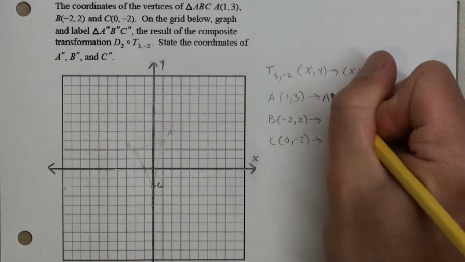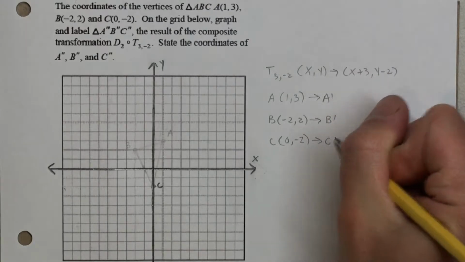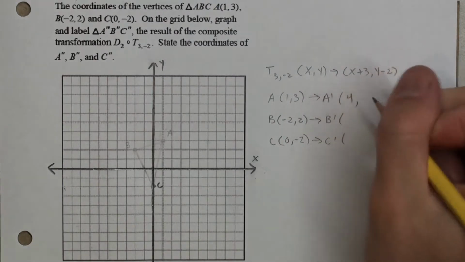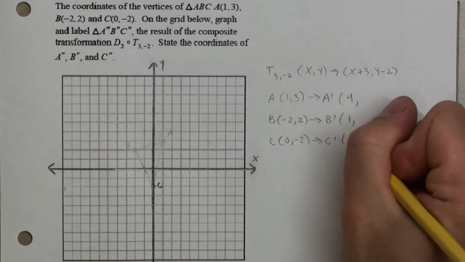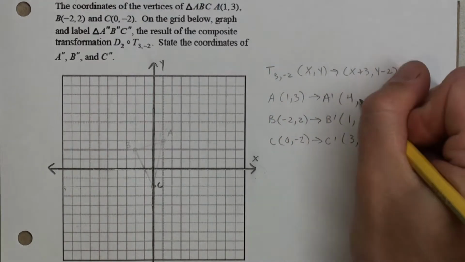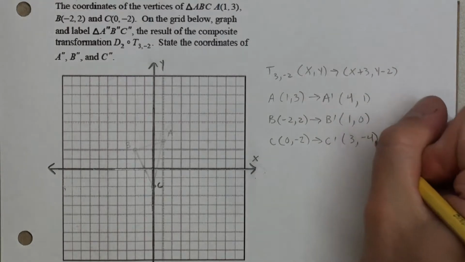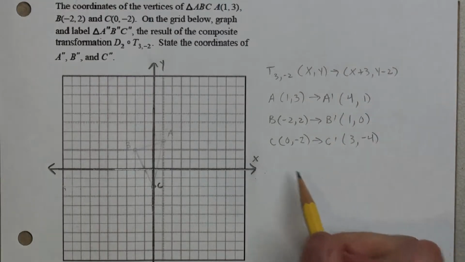Then I will get A prime, B prime, and C prime. First I'll add 3 to the x's: 4, 1, 3. Then I'll subtract 2 from the y's: 1, 0, -4. Okay, that's the first part.